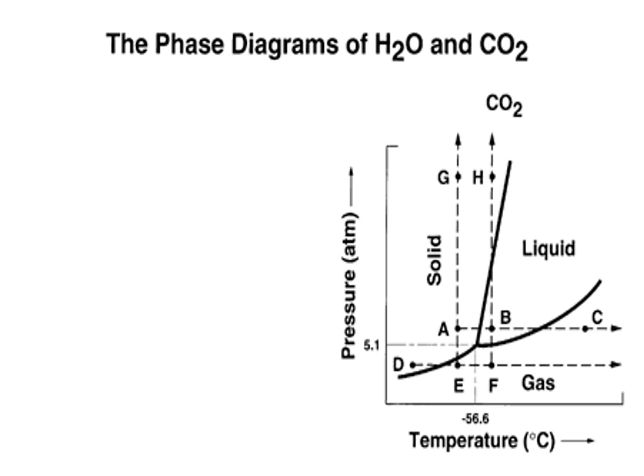So let's consider point B. For this combination of pressure and temperature, CO2 is going to be a liquid. Now let's imagine we keep the temperature constant and we increase the pressure. So we're moving upwards all the way to point H, sorry.